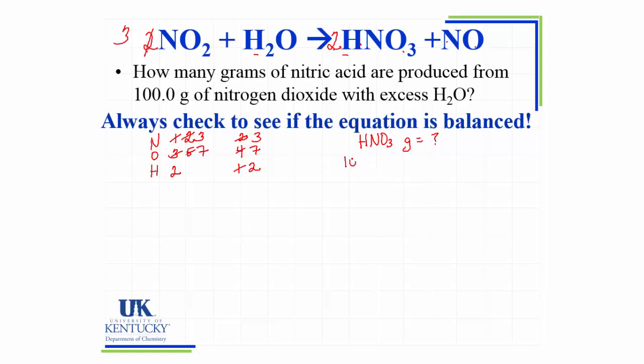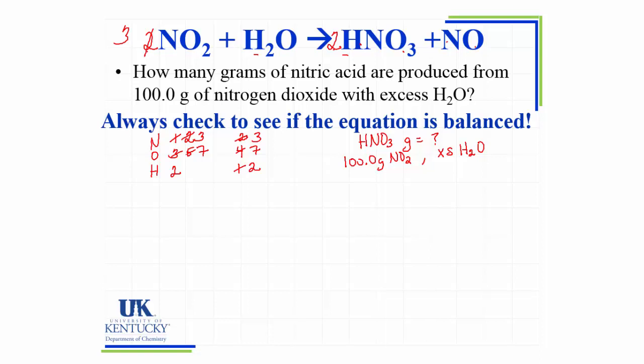It tells me I'm starting with 100 grams of NO2 as my starting material, plus I have excess water. And the only reason we have to worry about it being excess water is to know that we're not going to run out of the water. The NO2 will be able to react completely to form the maximum amount of HNO3.